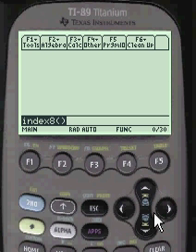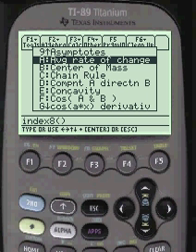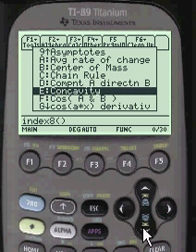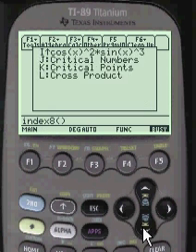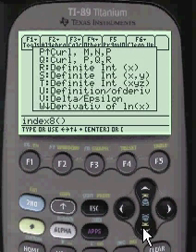EverystepPhysics.com. Calculus problem regarding local maximum and minimums in graphing a function. Index 8 to get to my menu. We're going to scroll down here to get to local max and min.